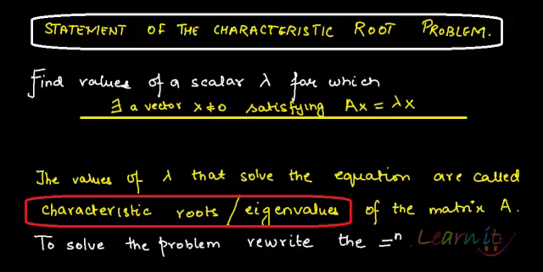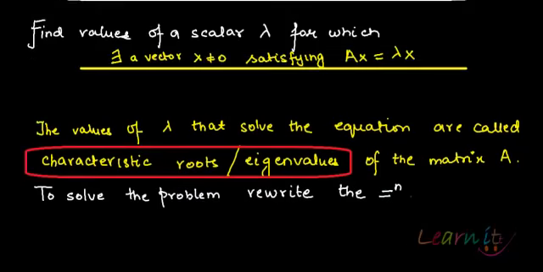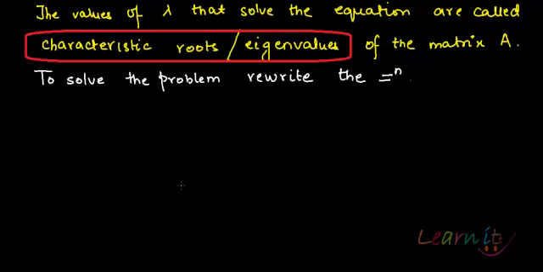Okay. To solve the problem, we rewrite the equation Ax equals lambda x. Now lambda x is nothing but lambda I times x.